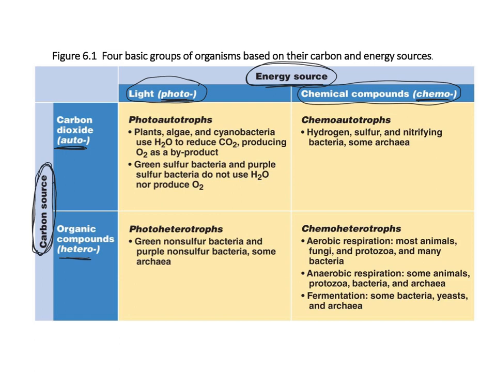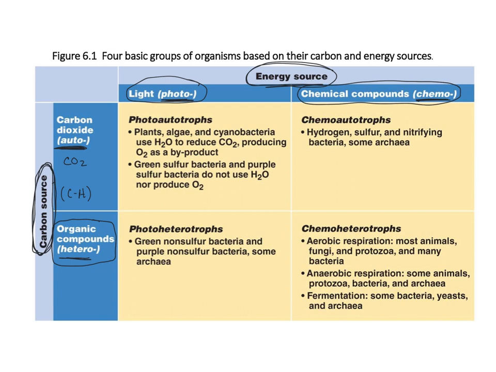Is it coming from some organic compound? Hetero actually means other, so I guess that means other than the sun. Or is an organism getting its carbon basically from carbon dioxide? Remember, carbon dioxide, CO2, is not considered organic. Something's considered organic if it has carbon-hydrogen bonds. So again, even though CO2 has carbon in it, it's not considered organic.